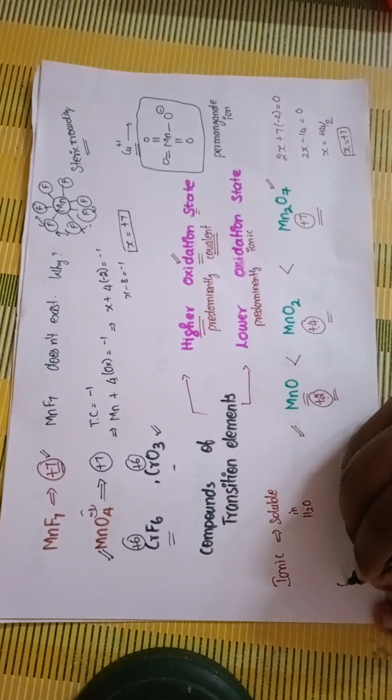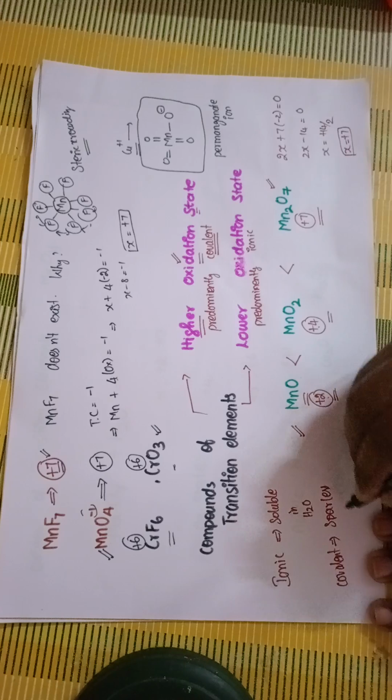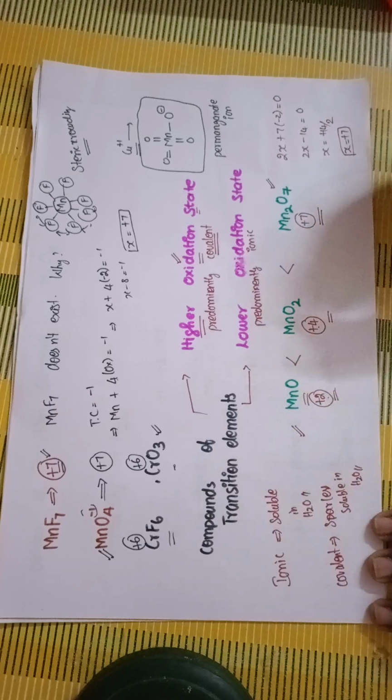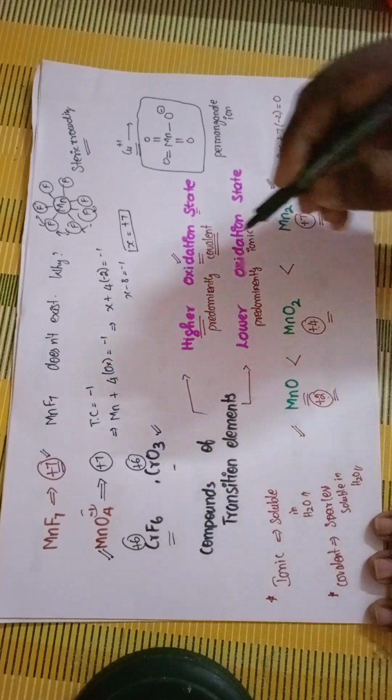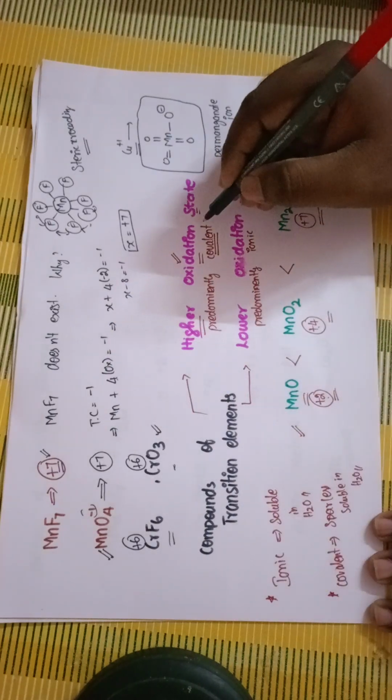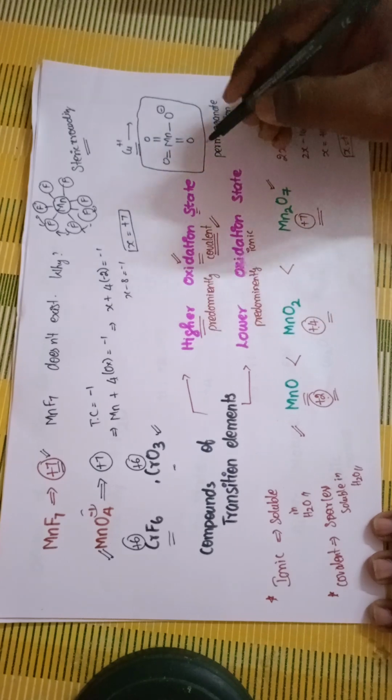If it is predominantly covalent, it will be sparingly soluble or less soluble in water, because the covalent nature increases. That's not very important. We should relate with oxidation state: if it is a higher oxidation state, it is predominantly covalent, according to Fajan's rule.